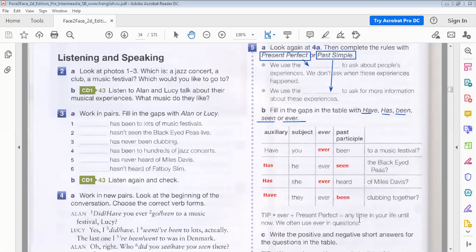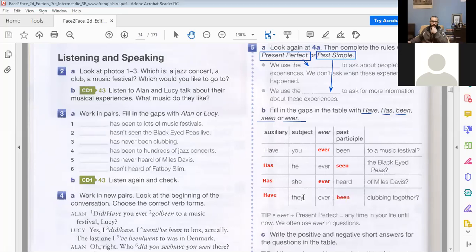So what kind of questions are these? Yes or no. These are yes/no questions with the present perfect, right? And how do you answer this question, if someone asks you, have you ever been to a music festival? Yes, I have. No, I haven't.